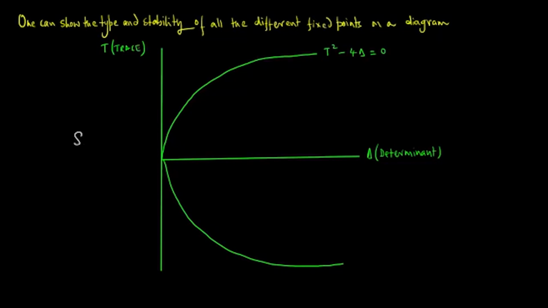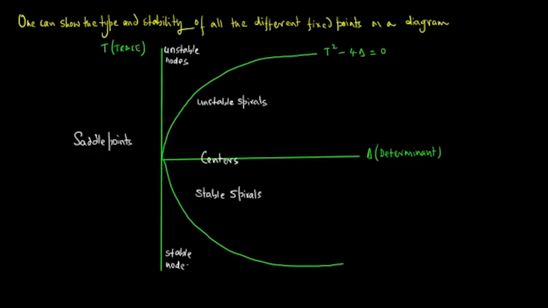So that's where the saddle points live, that's where the unstable nodes are, that's the region for unstable spirals, centers, stable spirals, stable nodes, and along the curve you will have stars and degenerate nodes. And finally, that's the point for non-isolated fixed points.